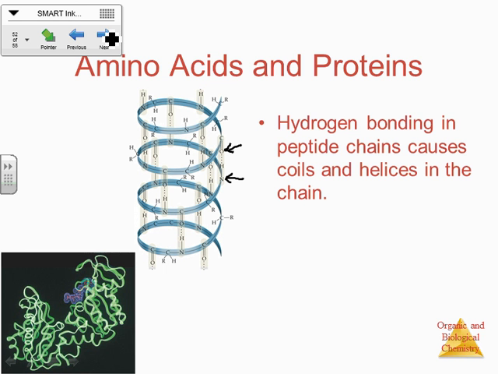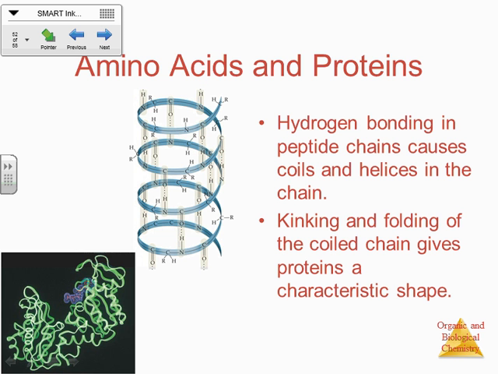You've got a nitrogen-hydrogen bond here, and a lone pair on this oxygen, and this hydrogen and oxygen are attracted to one another. It starts to pull the chain into a helical structure, sort of like with DNA. These things wrap up and coil, and then you end up with a protein. That's what gives them their particular shape.